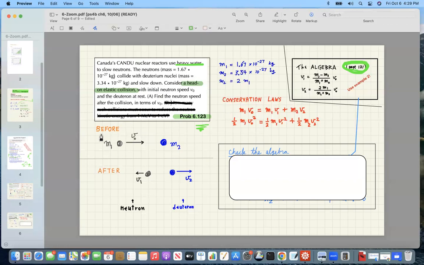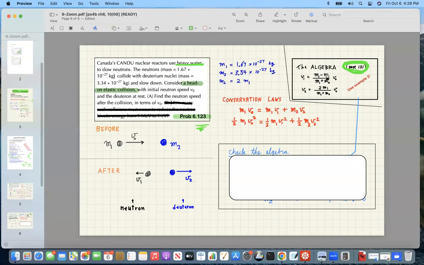We always draw a picture of a physics problem before we start to work it. Here's the picture. Before the collision, we have the neutron with velocity v0 and the deuteron with velocity 0. After the collision, the neutron will bounce back and the deuteron will move forward. They'll have different velocities, v1 and v2.